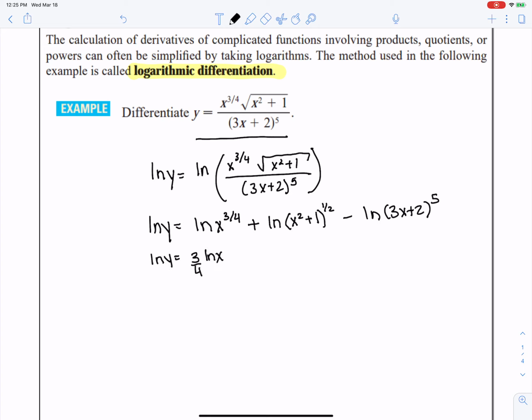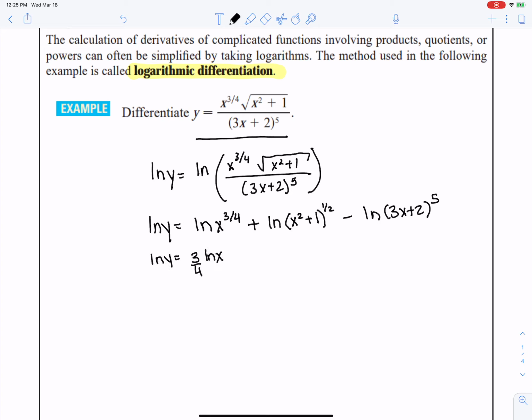So let's take a derivative, but now we have to do it implicitly because y is not written as a function of x. So the derivative of ln y is 1 over y times the derivative of y, which is y prime. The derivative of 3/4 ln x will be, well, here's my constant, the derivative of ln x is 1 over x.